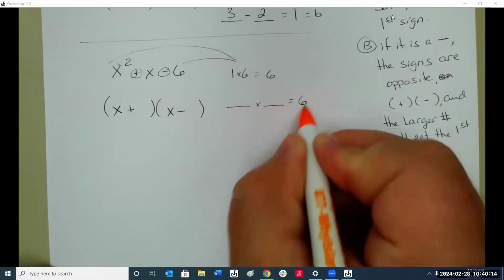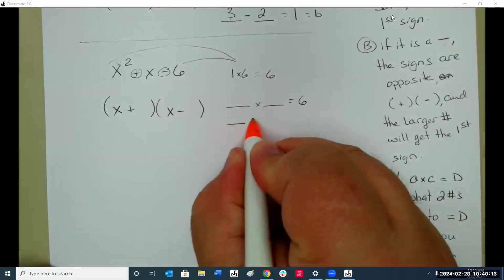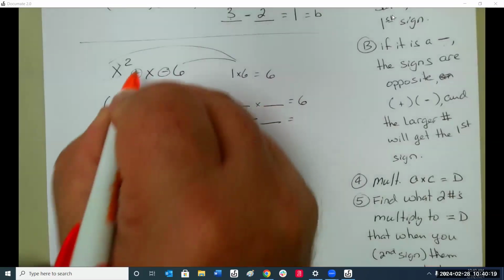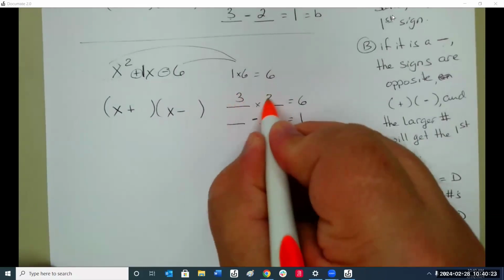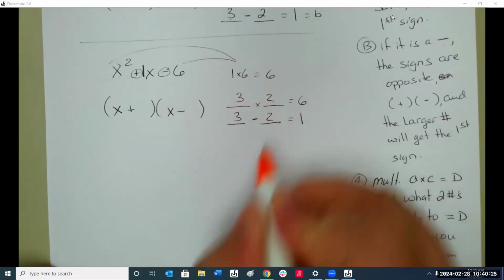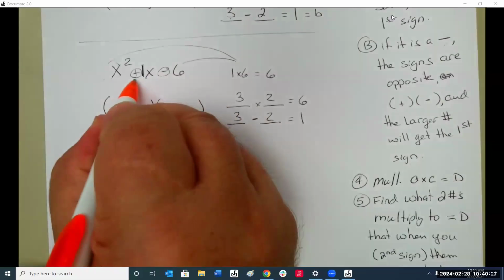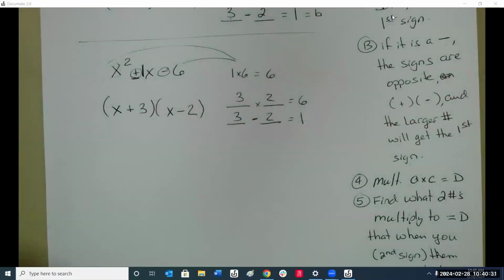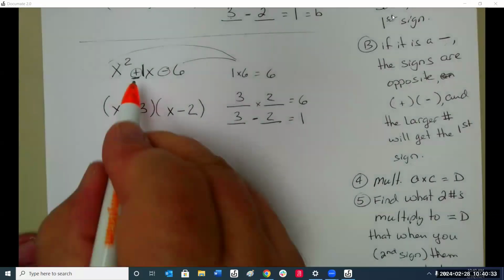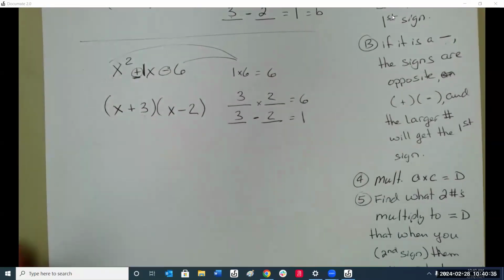What times what equals 6? When I subtract them, I get 1. Again, 3 times 2, 3 minus 2. But this time, the bigger number gets the plus, because the first sign is a plus, the bigger number gets the plus.